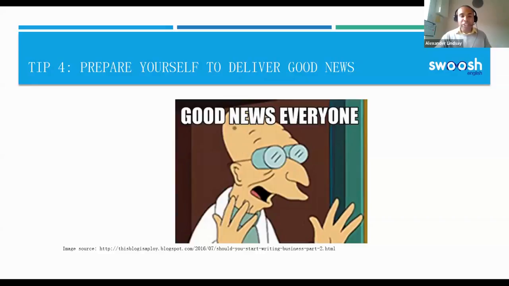So a phrase such as, "We've had some positive news," would be a really good way to introduce something positive. Or, "I'm happy to say that the results have confirmed that your cancer is in remission." Okay, so just a little phrase. If you just said, "Your cancer is in remission," okay, it's great, it's positive news, but it might take the patient a little bit of time to process it as positive because of the way that you expressed it.